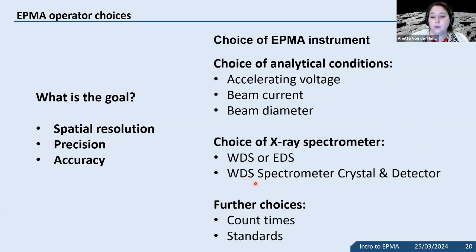And then within the WDS spectrometer, there are choices when it comes to what analyzing crystal and what detector to use, that can make a big impact. And then, of course, there are also other choices like how long we analyze something and what kind of standards we want to use. And so I want to talk a little bit about that because this will be a recurring theme through all the other talks that will talk about these choices.